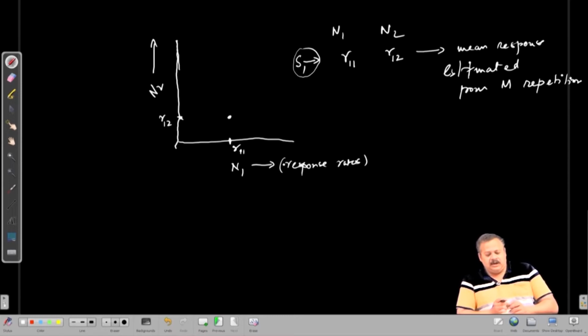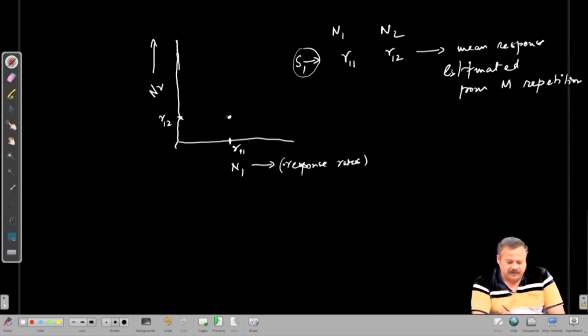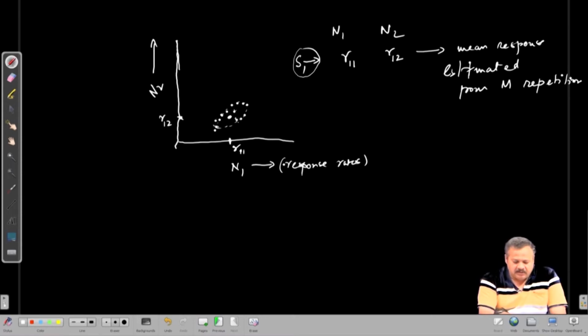Now, if we were to consider the capital M repetitions of the responses, and represent each of those M repetitions as a trial on the same plane, they would be scattered around this particular mean value of R11 and R12. So let us say that they will be scattered in this manner.